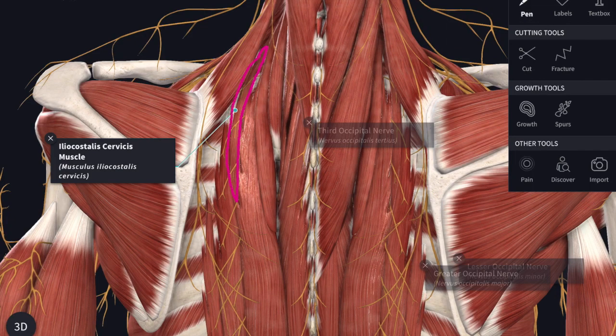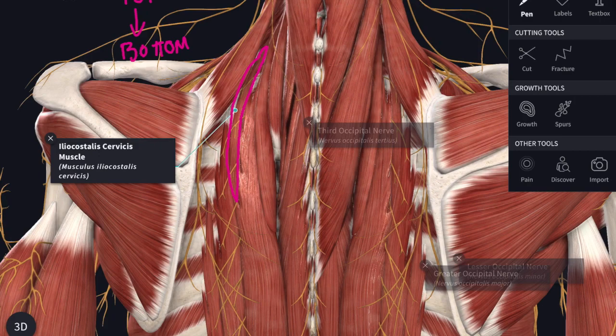This is really lateral and it's very high up. You can rule out that it's going to be the longissimus. Like I said earlier, the cervicis part is going to be more medial. When you're going from top to bottom, it's medial to lateral. Okay, don't forget that.